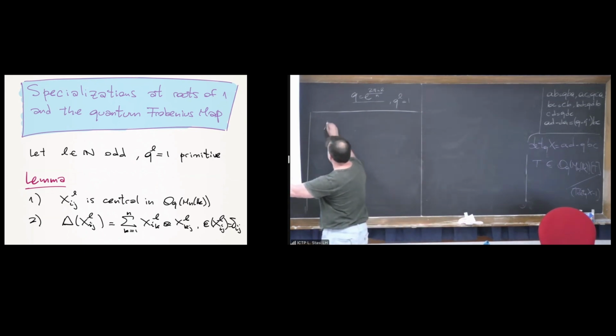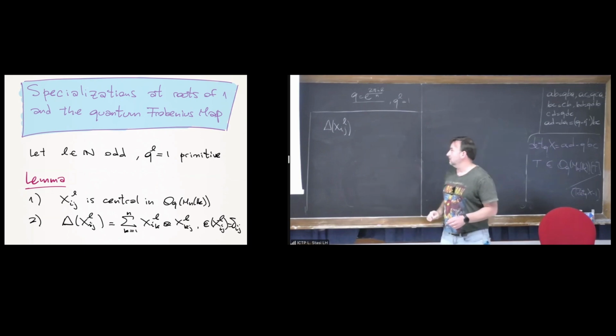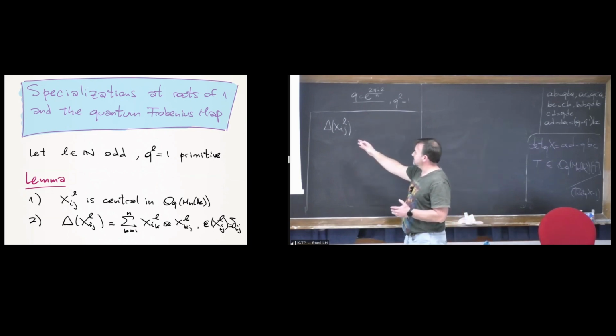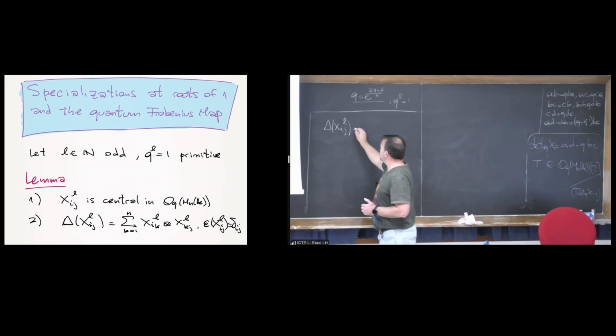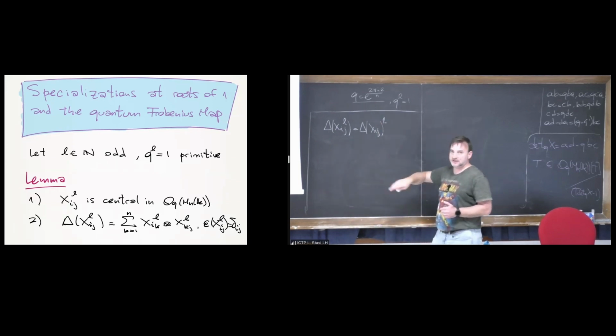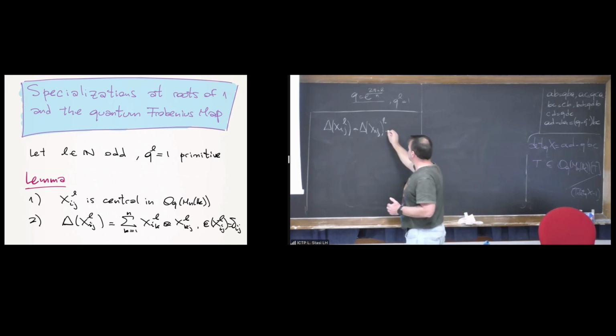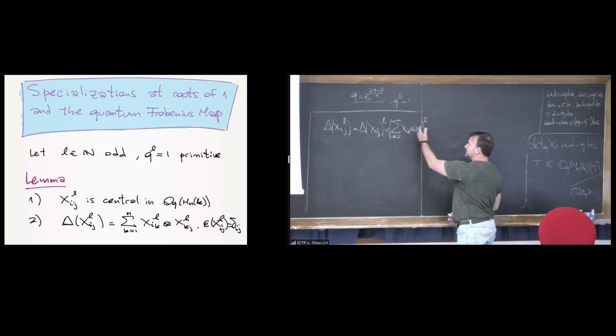So again, we want to compute this thing. Delta, the co-multiplication, is an algebra map. So to compute this, you do the co-multiplication of one object and then raise it to the l. But this thing is a sum to the l. So we have to compute the l-th power of a sum.